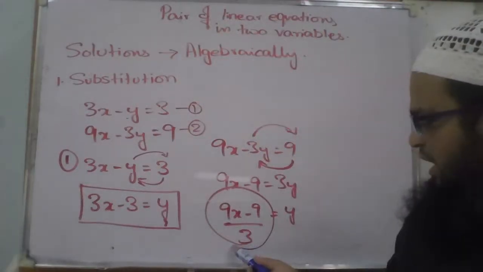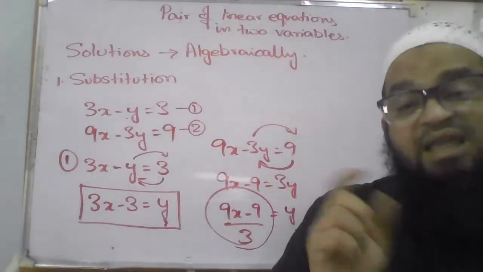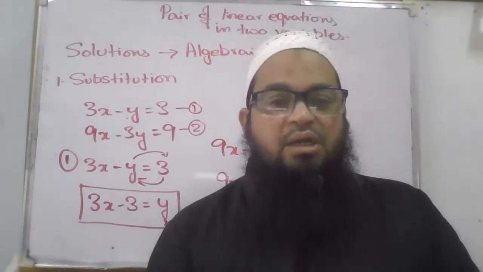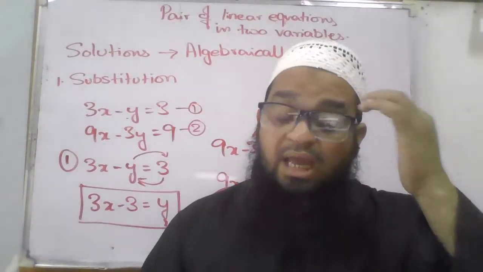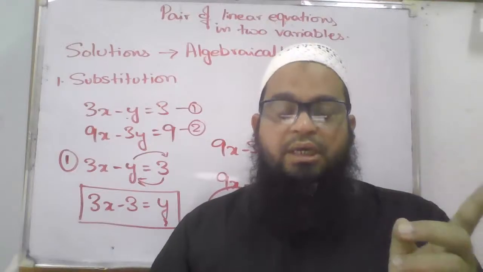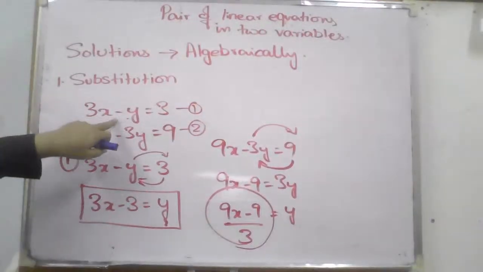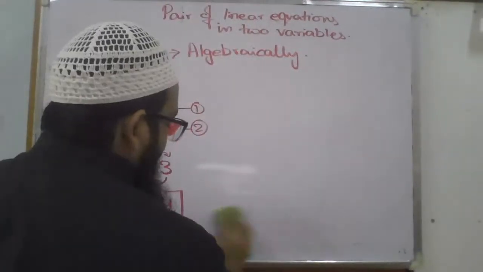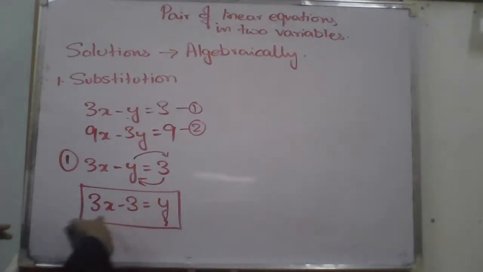Otherwise you have to substitute this fraction in one of the equations. So that's the reason I tell you, whenever you are going with substitution method, make sure that you take the variable whose coefficient is 1. For example, in the first equation I have taken 3x minus y is equal to 3, and I separated y, you got 3x minus 3.